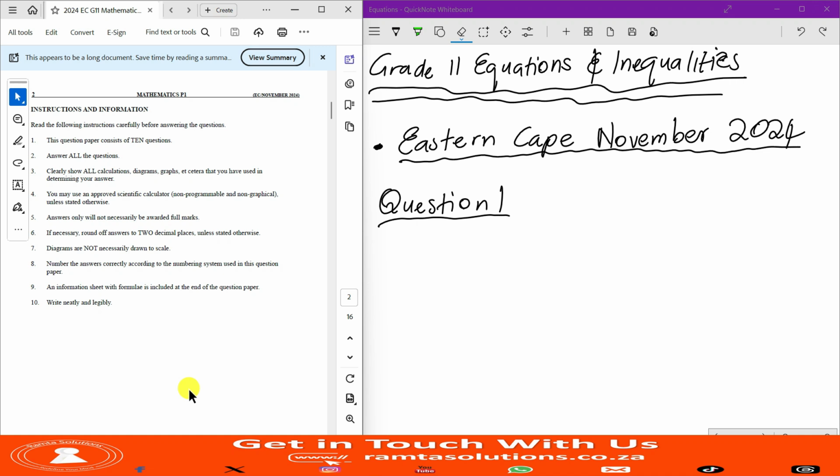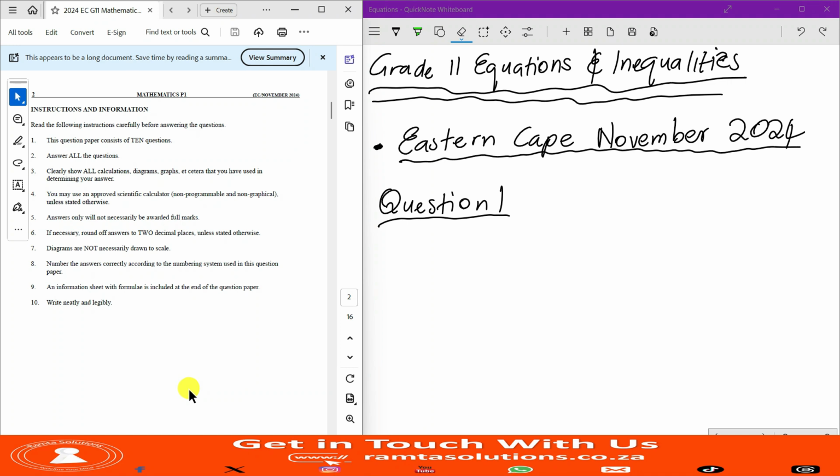Clearly show all calculations, diagrams, graphs, etc. that you have used in determining your answer. Instruction 5. Answers only will not necessarily be awarded full marks. Instruction 6. If necessary, round off answers to 2 decimal places unless stated otherwise. Instruction 10.